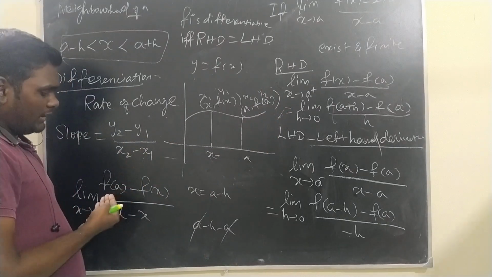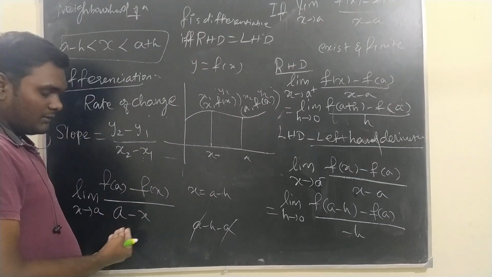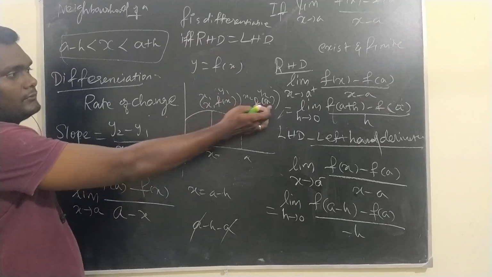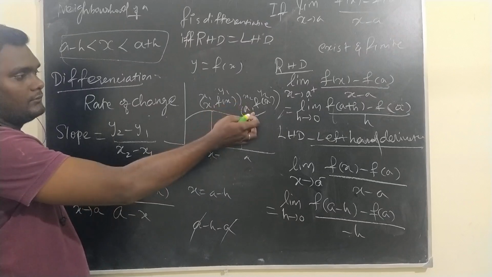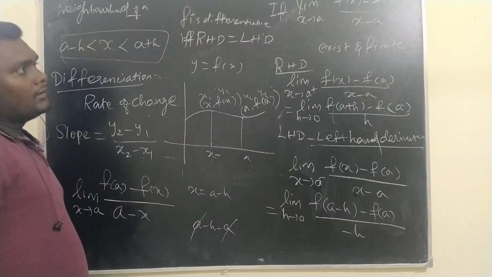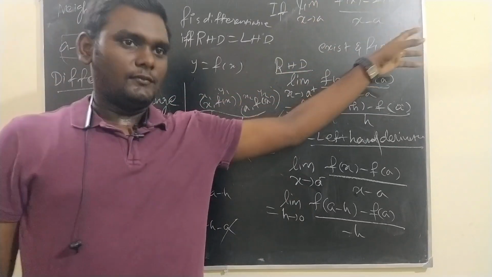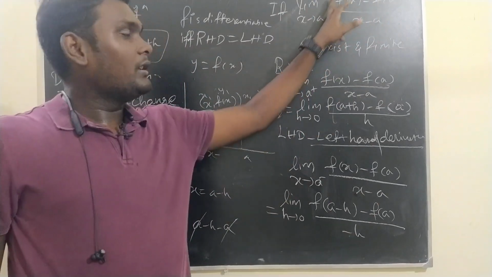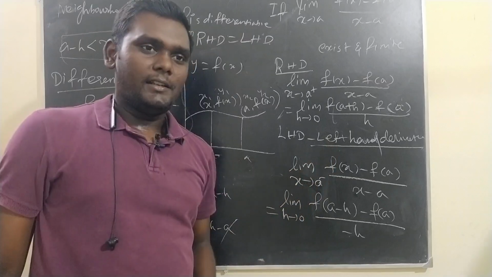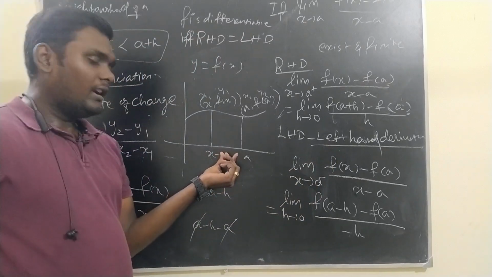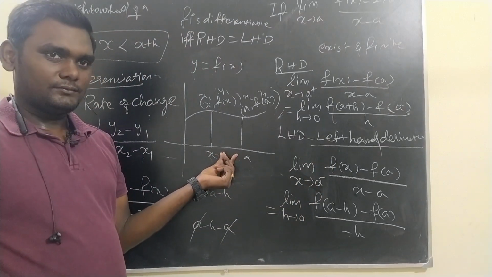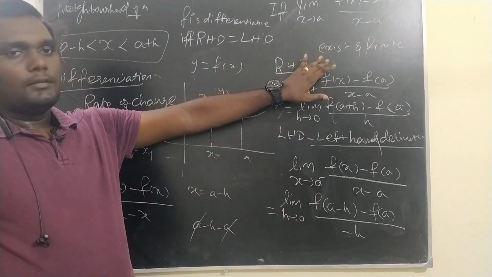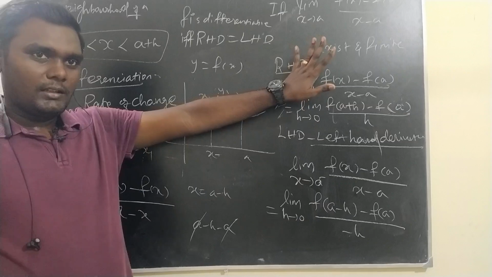Then substitute accordingly. Then you have f of a minus f of x divided by a minus x. I took minus out from both numerator and denominator. If this exists and is finite, we say change has happened. It is differentiable. Okay. Clear? Up to this you got clarity?